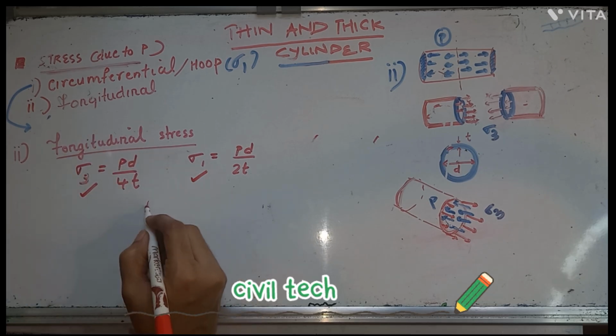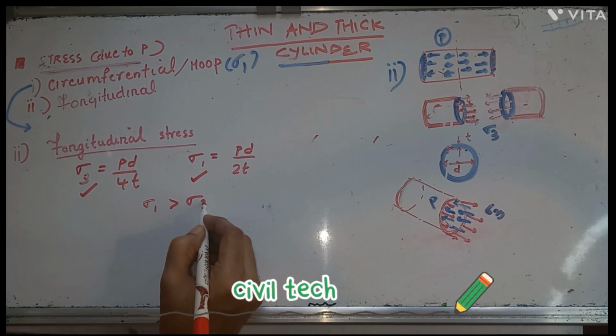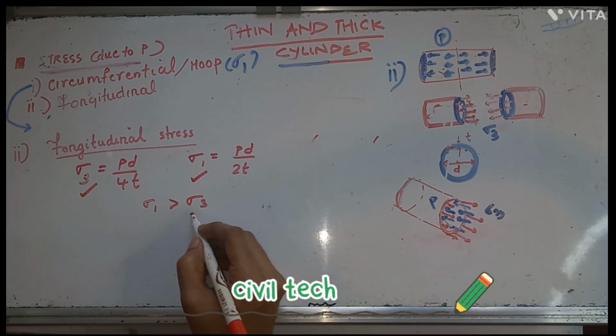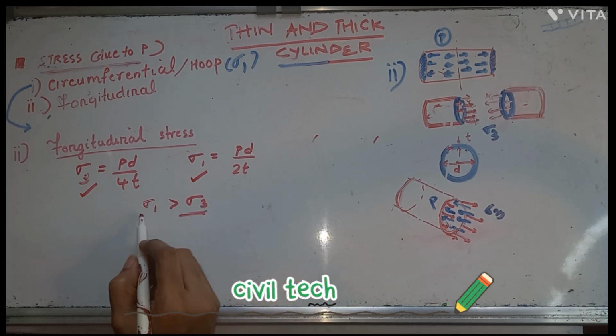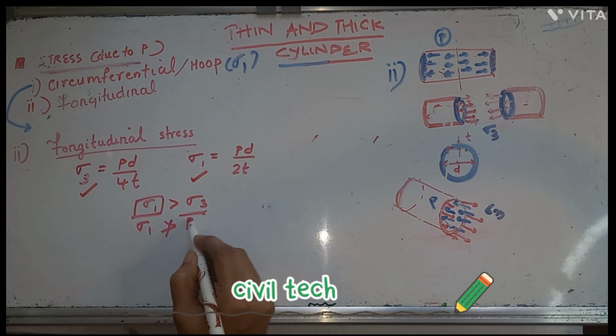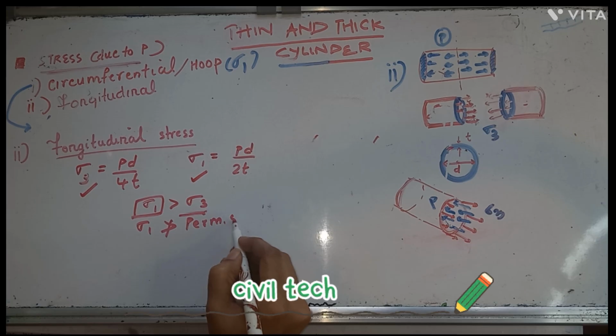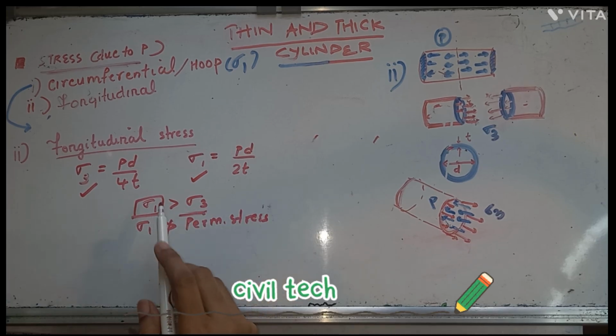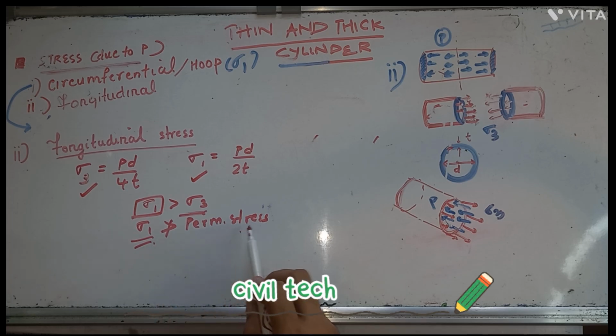Here we can see that sigma 1 is greater than sigma 3. That means sigma 3 is in the safer zone. So sigma 1 should not be greater than the permissible stress. Why? Because sigma 3 is already less than sigma 1, so we only need to be careful about sigma 1. It should not be greater than the permissible stress.